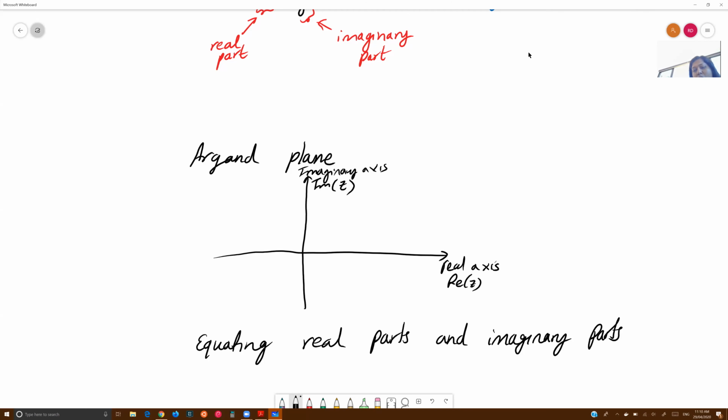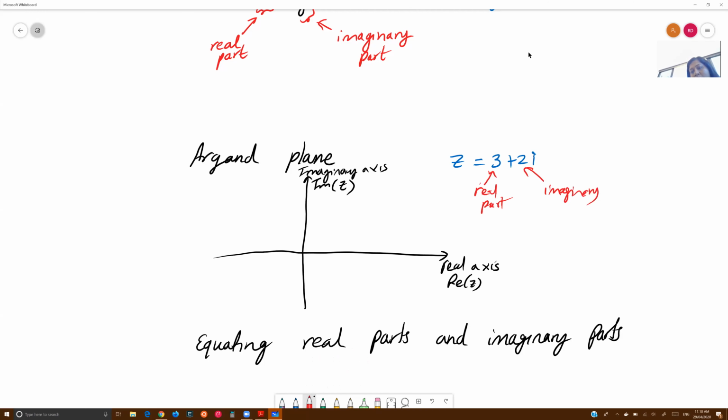If I had to sketch something, like say z is equal to 3 plus 2i, remember the 3, the real number, is your real part, and this here is your imaginary part.